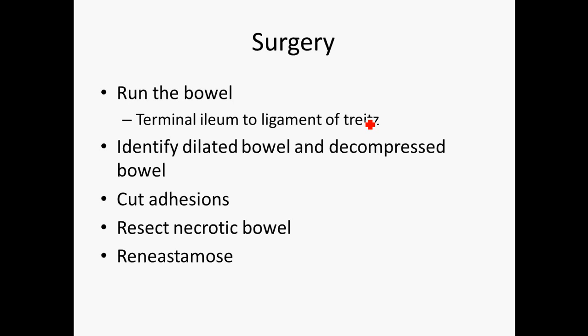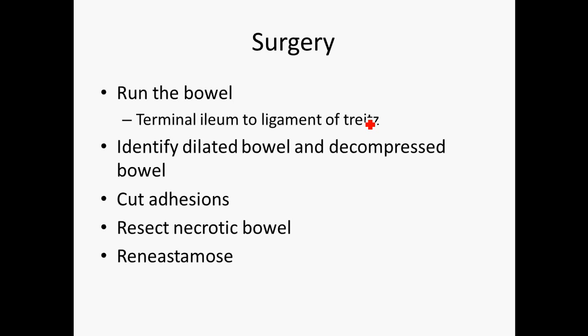In some of these cases, if there is infection, then you might not be able to re-anastomose immediately. You might have to do a colostomy, either a temporary or a permanent colostomy, hopefully a temporary colostomy.